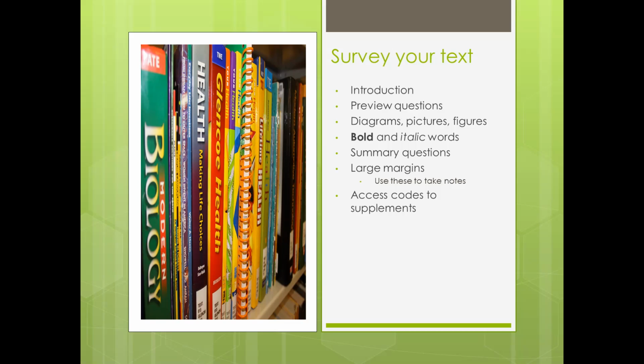Now, as you go through the text, I want to note a couple of features about most textbooks. They will have new definitions and important terms listed in either bold or italic text. So pay attention to those as you're actively reading. And then I know this is kind of a strange habit to break from, but remember that as a college student, you own your textbook.